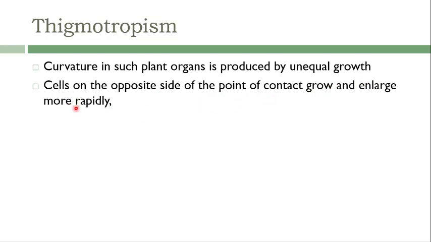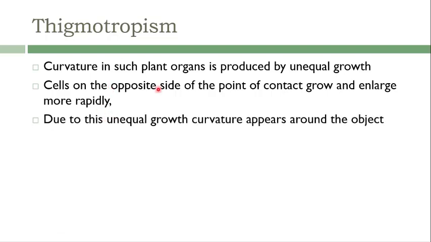So that's why there is a bending or twining response. So that particular tendril or modified leaf will twine around the solid object which it is touching. So what happens here is also the concept of differential growth, unequal growth, as we have discussed in geotropism and phototropism. And the curvature here, the bending response here, is because of the touch stimulus.